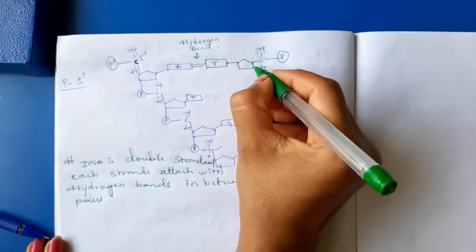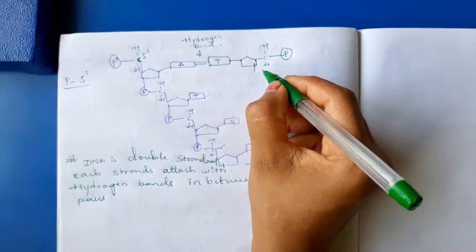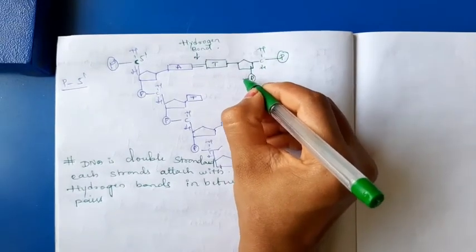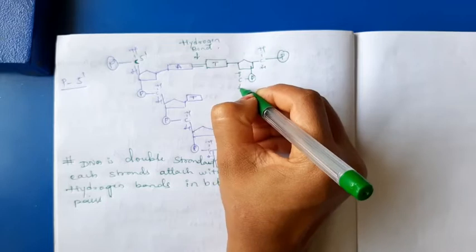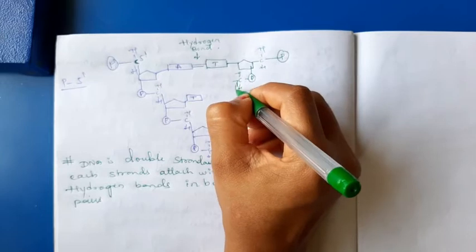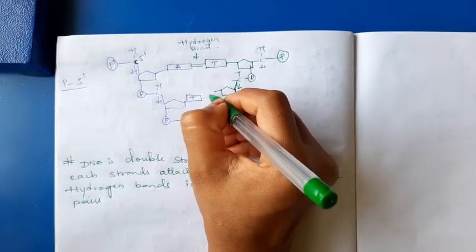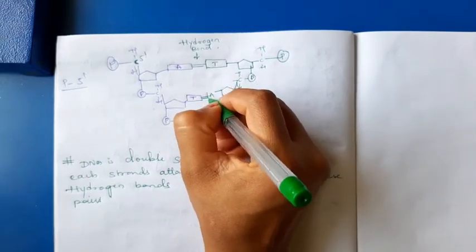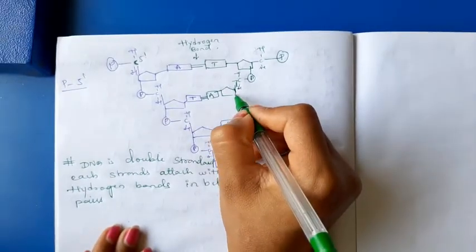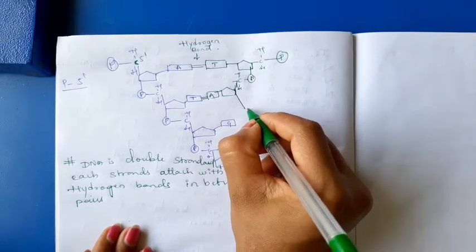Again the third carbon atom of the deoxyribose of the first nucleotide is attached with the phosphate group. Again thymine binds with the adenine. Then same thing, the guanine, the third carbon atom is free and is going to fuse with the phosphate group.